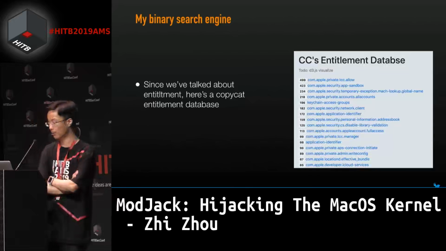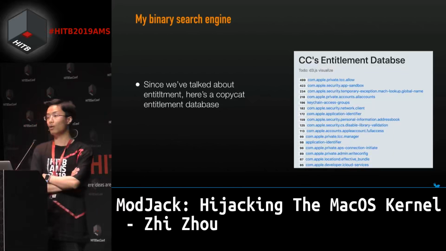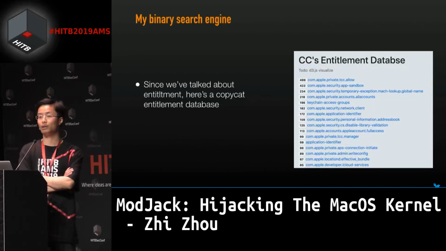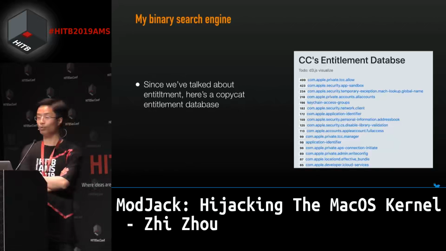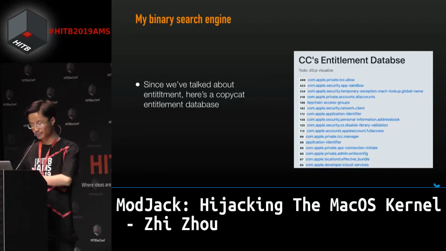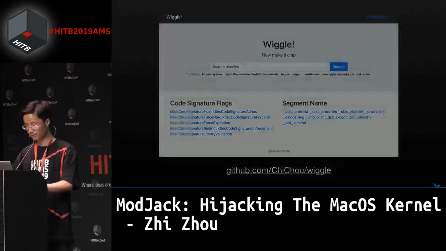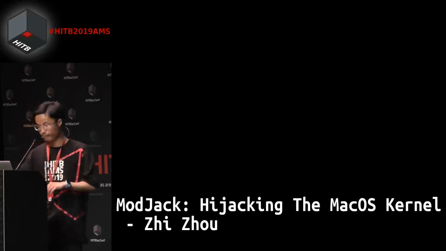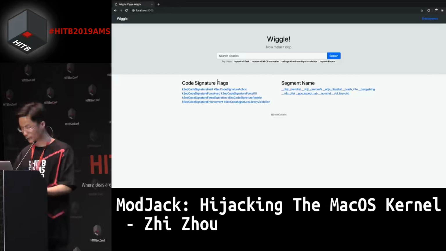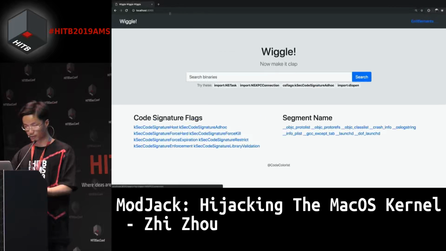Since we have talked about entitlements, if you know Apple security, you must know Jonathan Levin's entitlement database. So I have made a copycat of my own version of it. Here's the live demo of this.